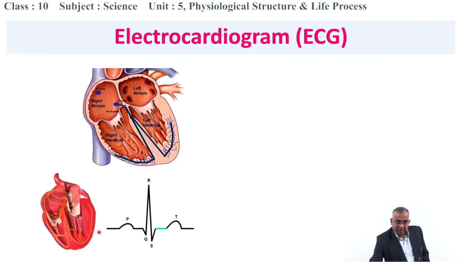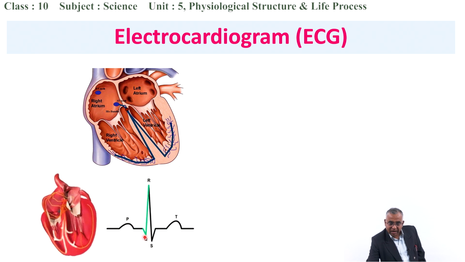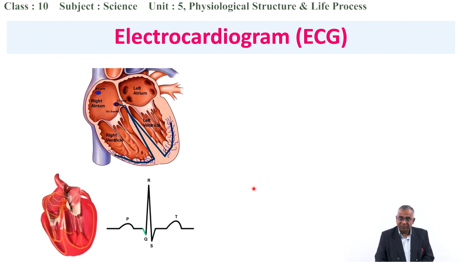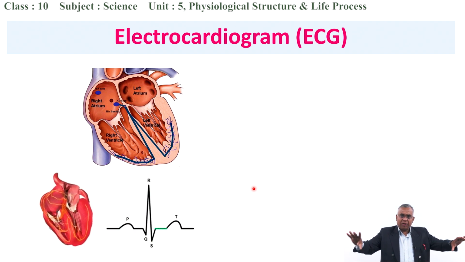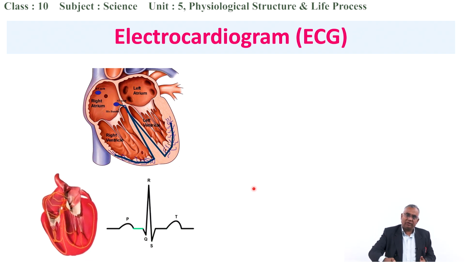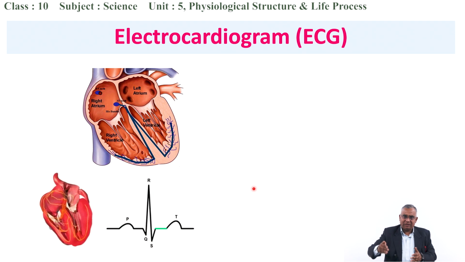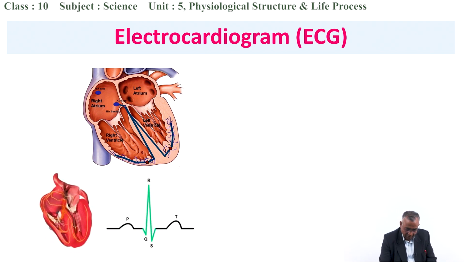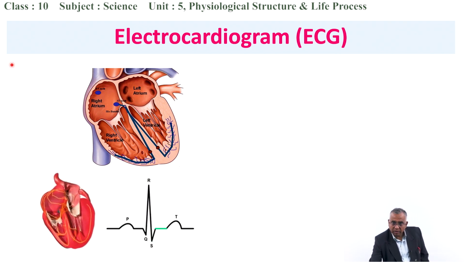Yes, and this can be recorded by a machine called an electrocardiogram. You have seen a long graph paper on which the heart motion, I can say heartbeat, is recorded in the form of a curve as shown here. Yes, so here this region, that is the electrocardiogram.